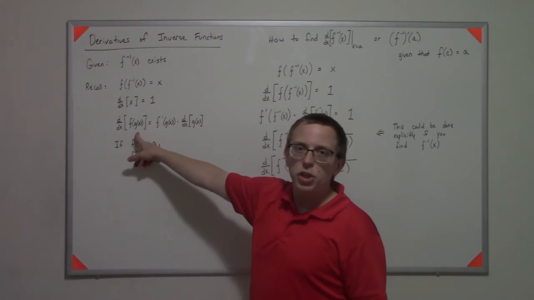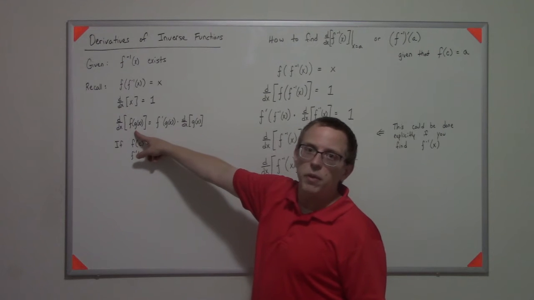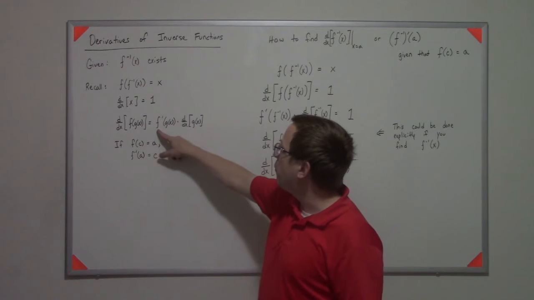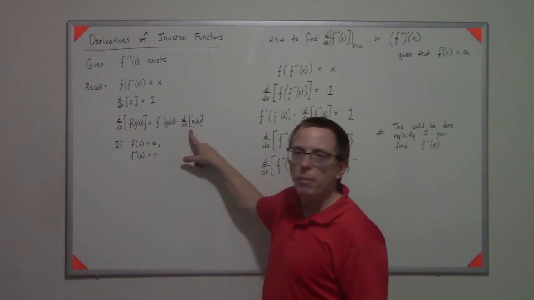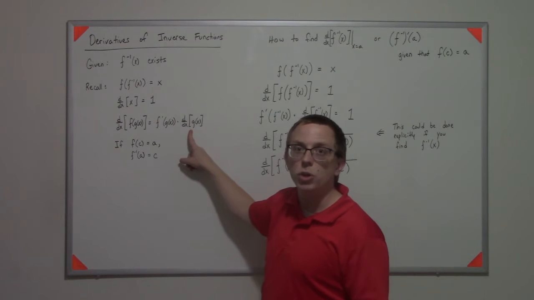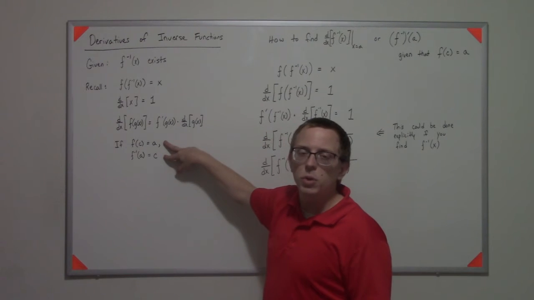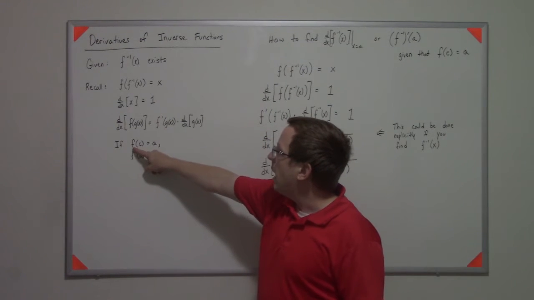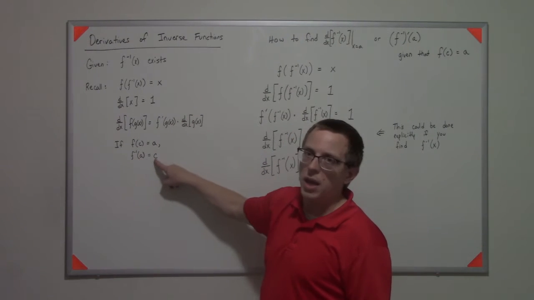The next thing is the chain rule. And in the chain rule, when you take the derivative of f of g, you get f prime, and you plug in g, and then you multiply by the derivative of g, or g prime, however you want to write it. And then the final thing is related to inverse functions. If f of c equals a, then f inverse of a equals c, right?